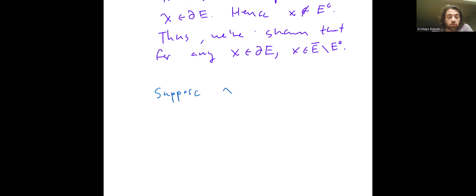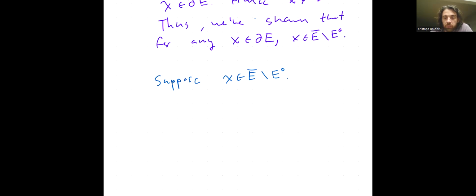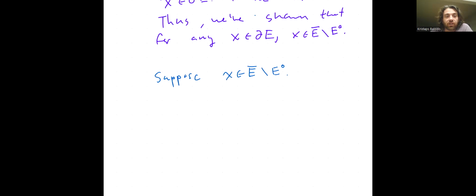We got to suppose that X is in the closure of E and not in the interior, and we want to convince the reader that X is in the boundary of E. I'll probably misspeak, but hopefully I'll be writing everything correctly on the whiteboard.